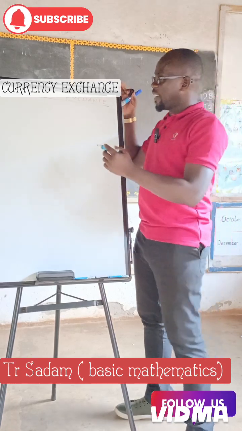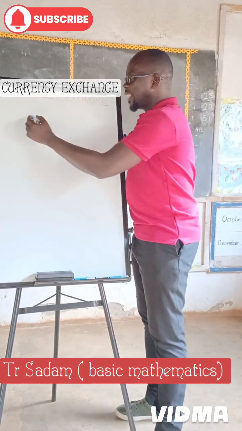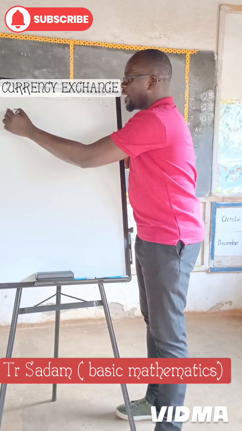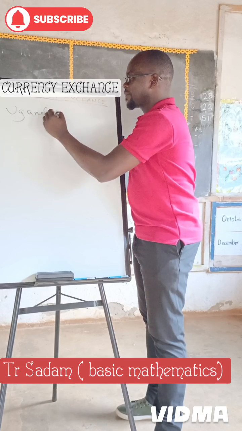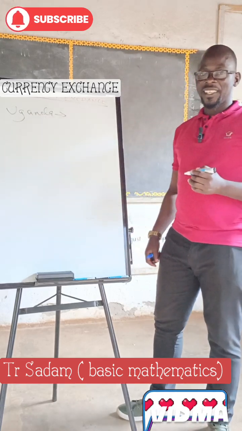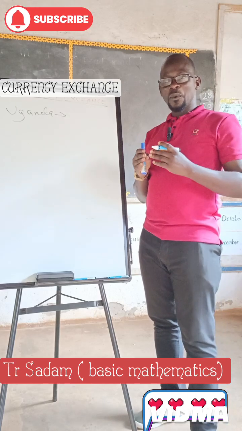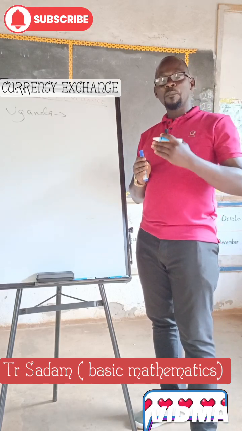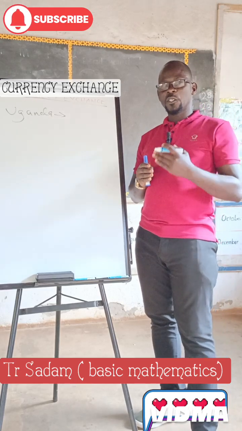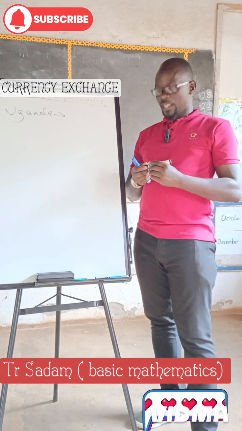Let's focus on this. When you look at the other lesson, we said you can come to Uganda with US dollars. Imagine that you have come with these US dollars, but you can't practically go in shops to spend that money in Uganda.